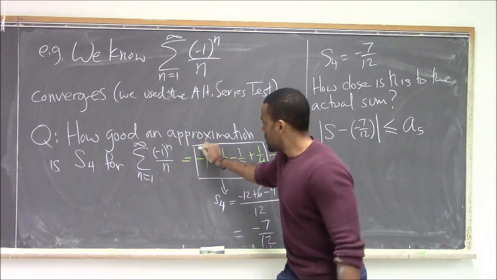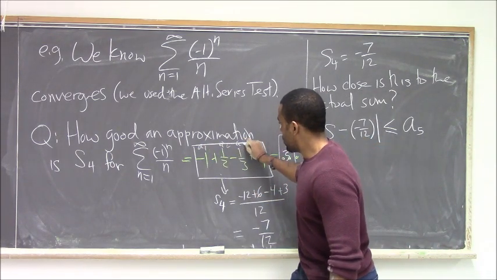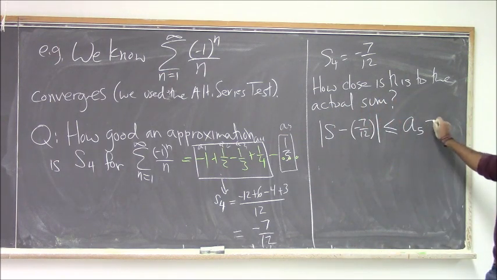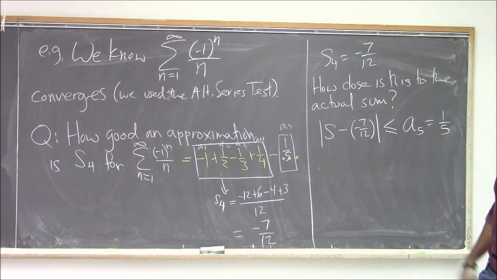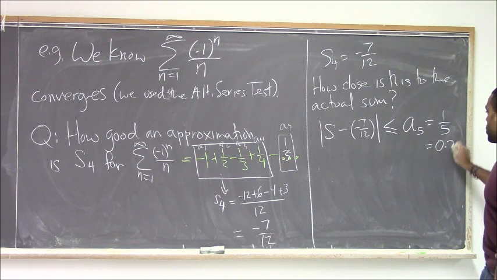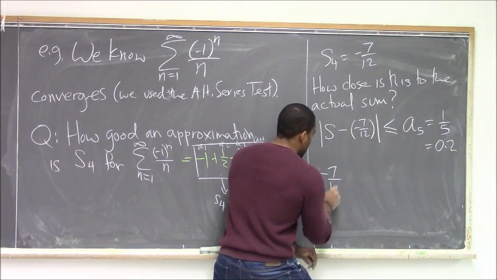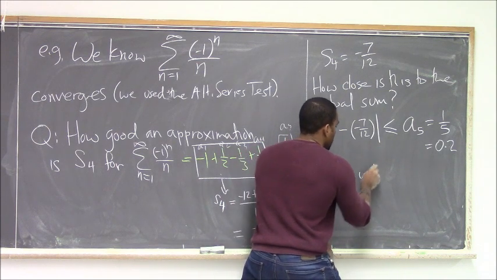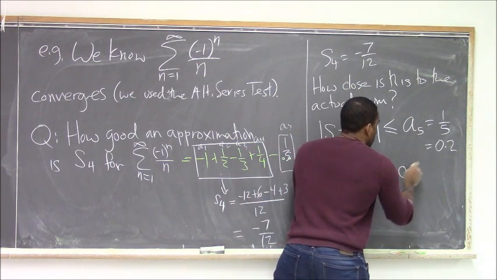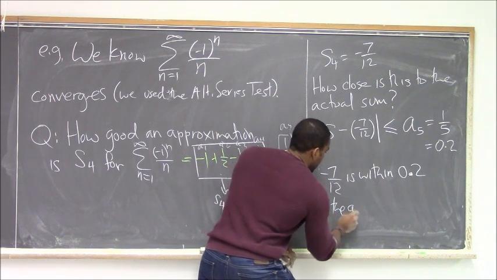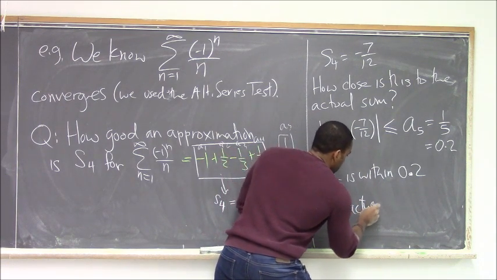So this is A1, A2, A3, A4, A5. Now A5 is 1/5. In other words, that's 0.2. In other words, -7 over 12 is within 0.2 of the actual sum.